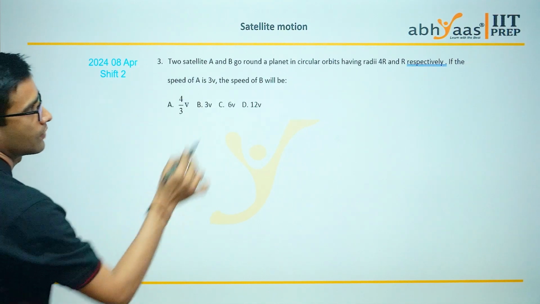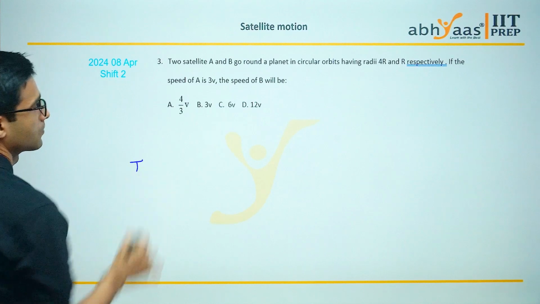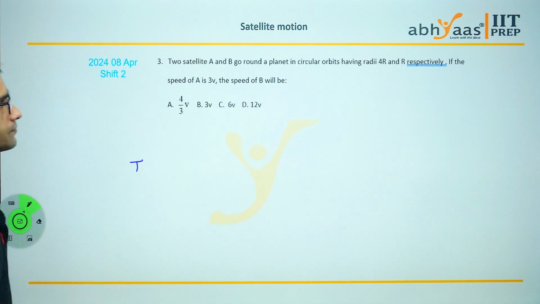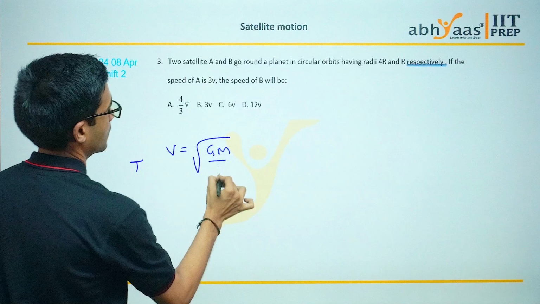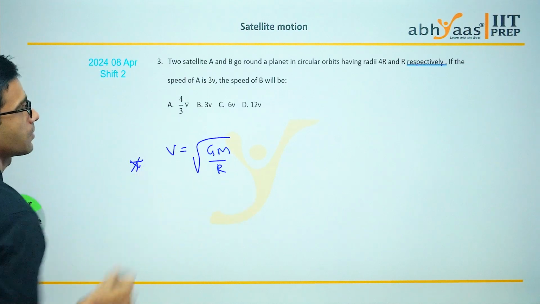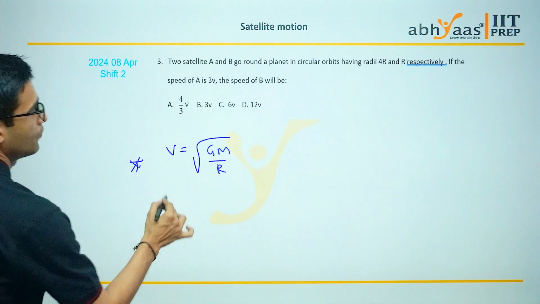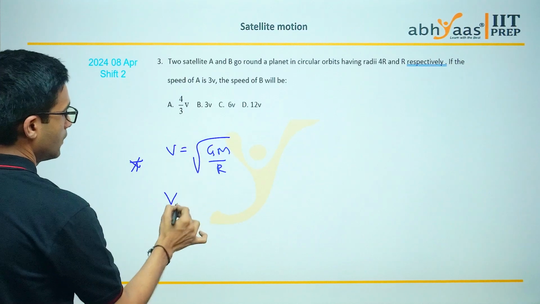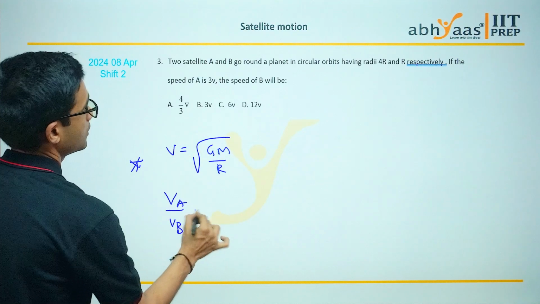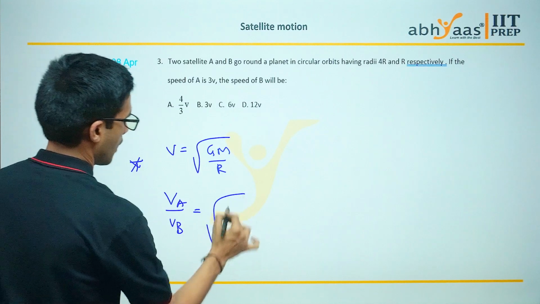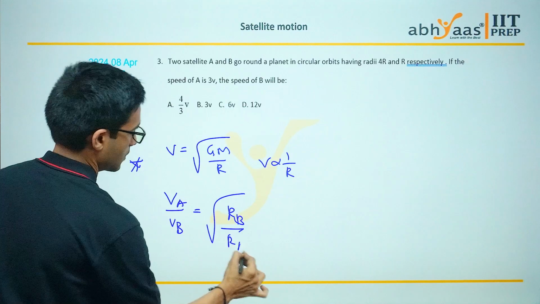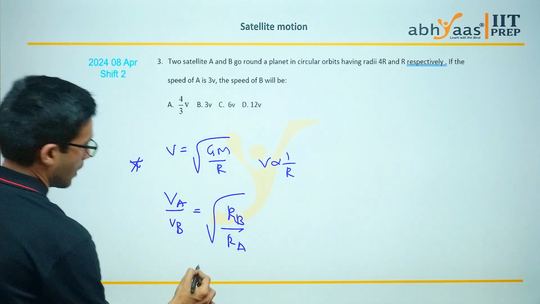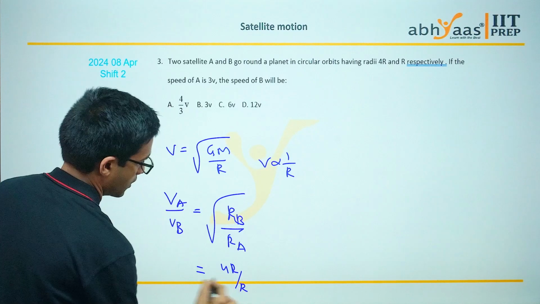Two satellites are going with radius, speed of the velocity, T square. What happened? Speed of the satellite means V is equal to root GM by r. No need of time period. Directly you get the radius. So speed VA by VB, you consider the square root of RB by RA, V is inversely proportional to root r. It is like this: 4R by R, for that root.